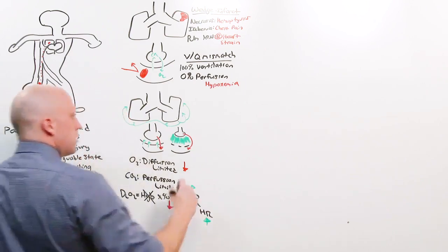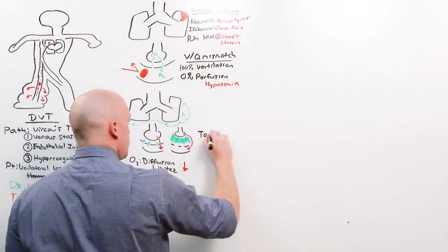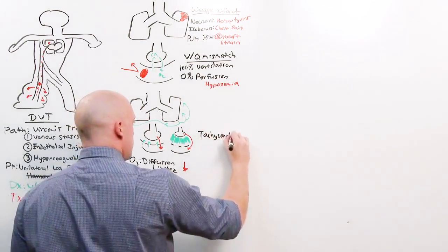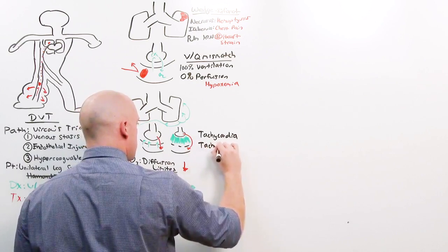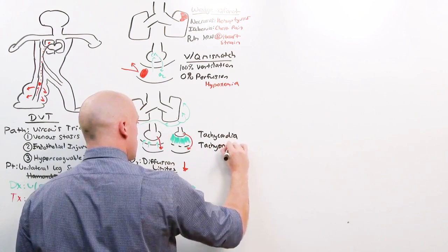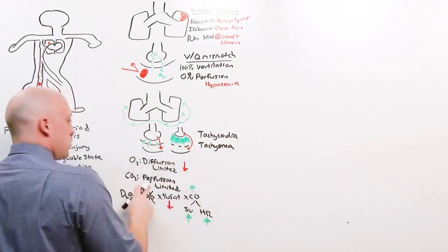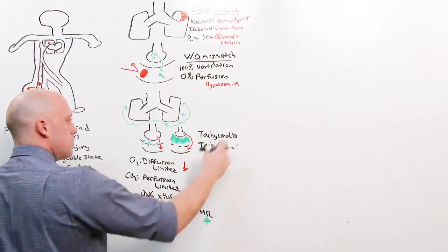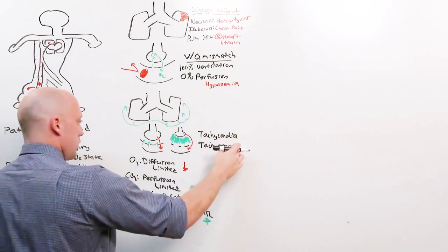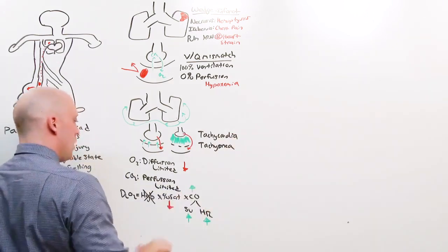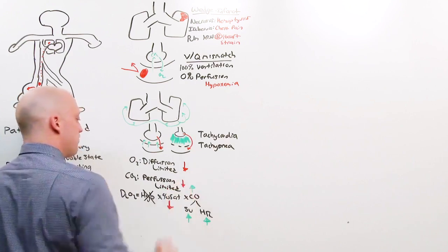So you're going to get tachycardia and likely tachypnea because your oxygen levels are low. CO2 is perfusion limited. So with tachycardia, increased perfusion, and tachypnea, increased ventilation, you're going to drop the CO2.